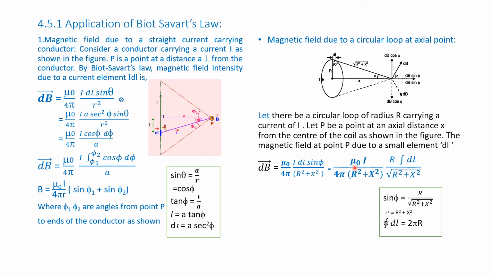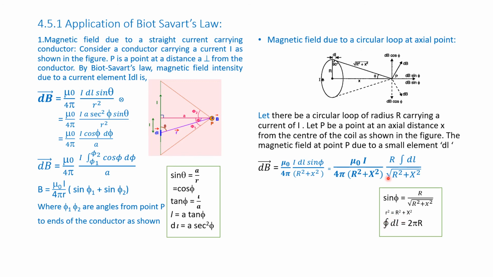That is again given by mu naught I, which remains the same, divided by 4 pi into r square plus x square into r. Here we will use the geometrical relations: sin phi is equal to opposite side by hypotenuse, that is capital R by square root of r square plus x square, and similarly small r is equal to square root of r square plus x square.